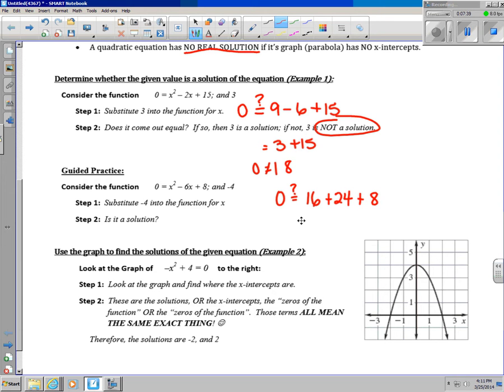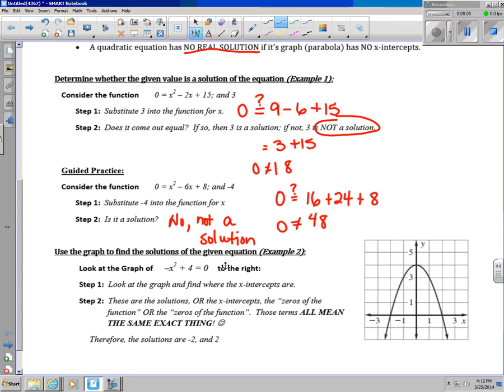So 16 plus 24 is 40, and 40 plus 8 is 48, and 0 does not equal 48. So negative 4 is not a solution. If it comes out equal to 0, it is a solution. If they come out equal, then it would be a solution. So negative 4 is not a solution.